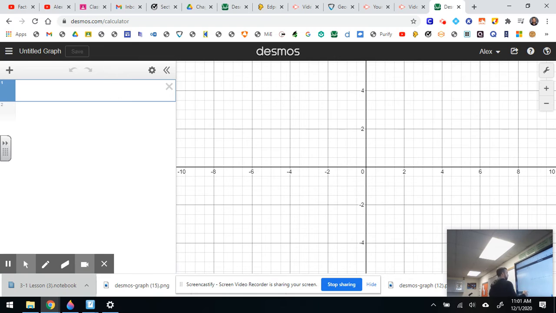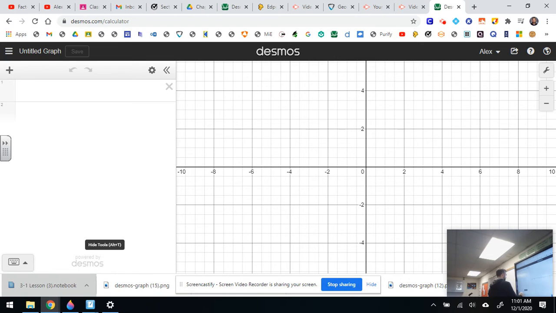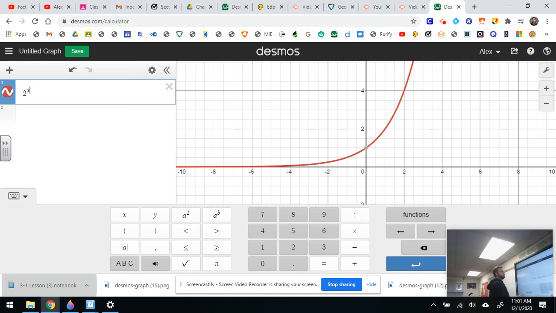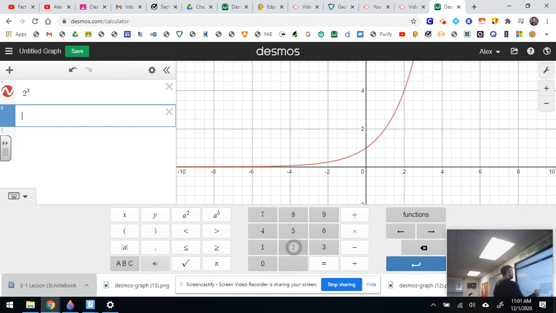All right, so let's start by graphing our parent function. Okay, so we have 2 to the x power. This is our parent function in red. So let's look at what happens when we have 2 to the x plus 1 power.